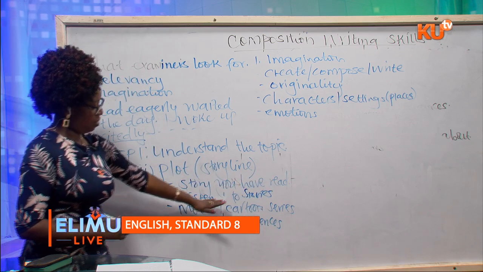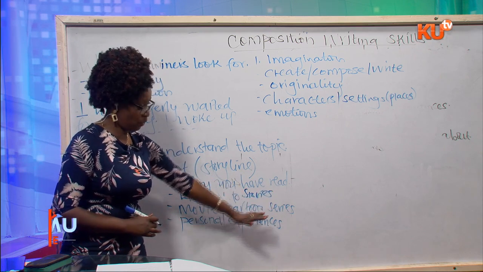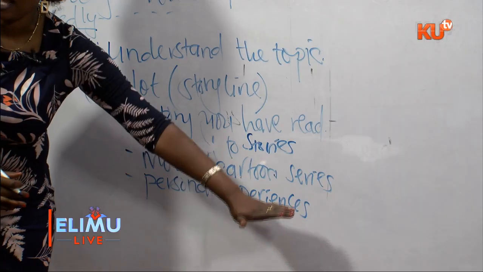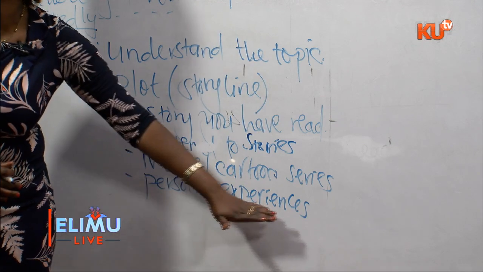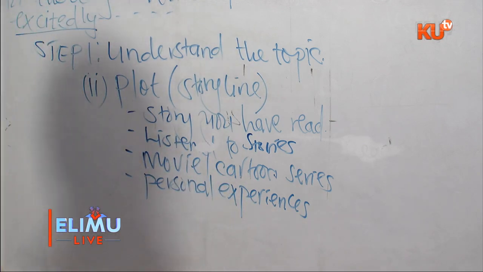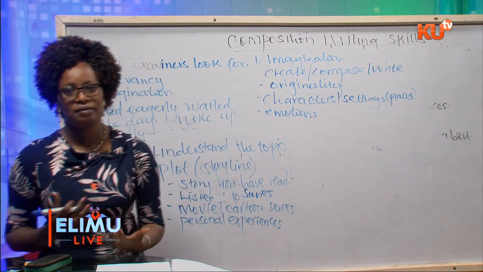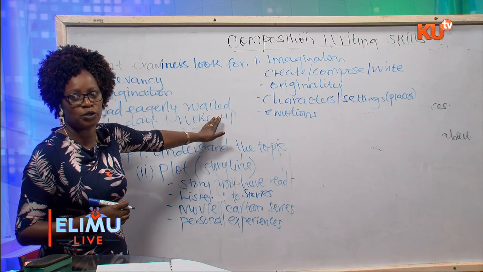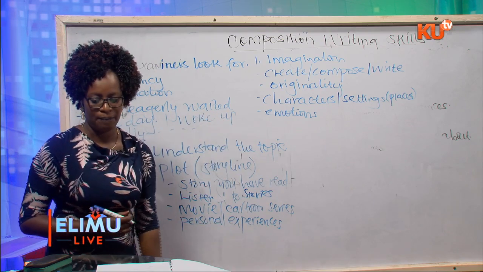From a movie or a cartoon series, or even TV programs, from your own personal experiences. And here I can also add from other people's experiences. You have heard people talk about what they have gone through in life. You can bring that into your storyline, and it will create a great, interesting story idea.